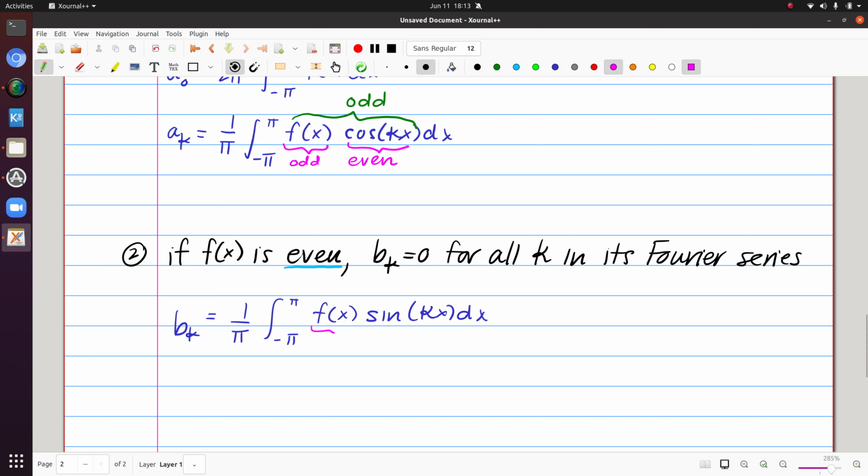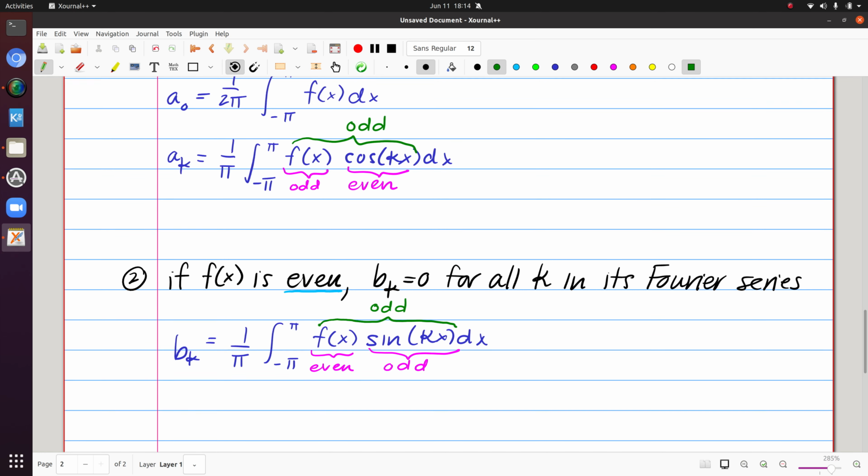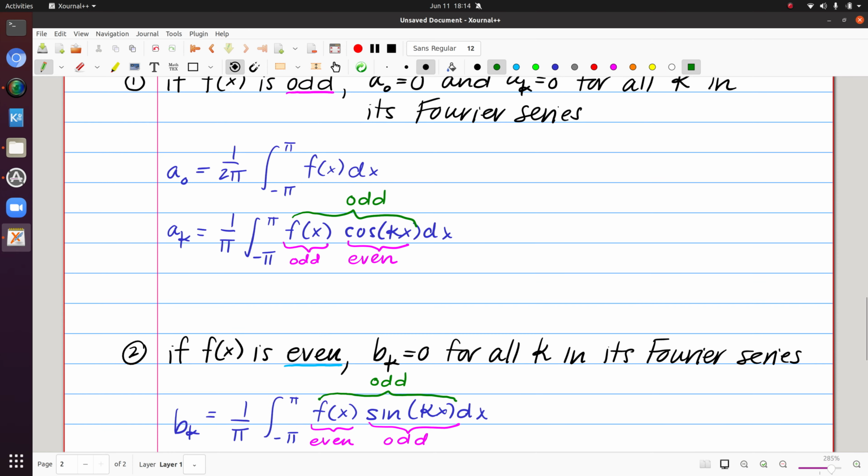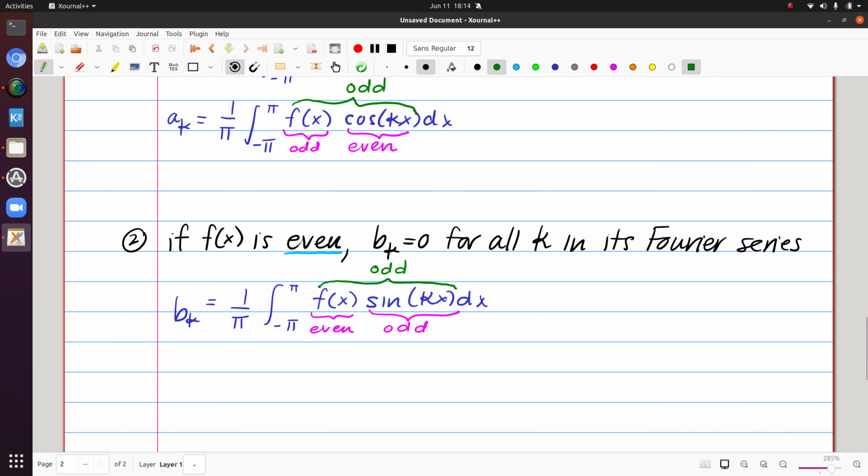Here, we're assuming f is even, but sine is an odd function, and so again, the integrand, which is the product of these two, is itself an odd function. And when we integrate an odd function, we get 0. The purpose of these observations is only as a time saver, so trying to be more efficient.